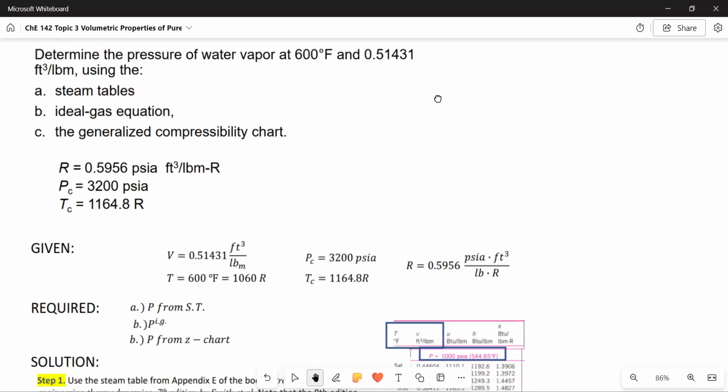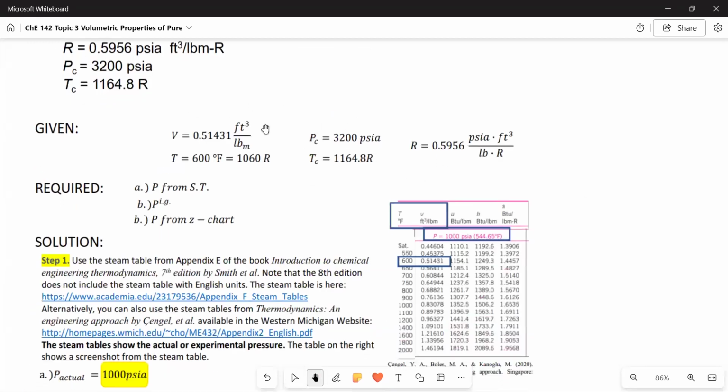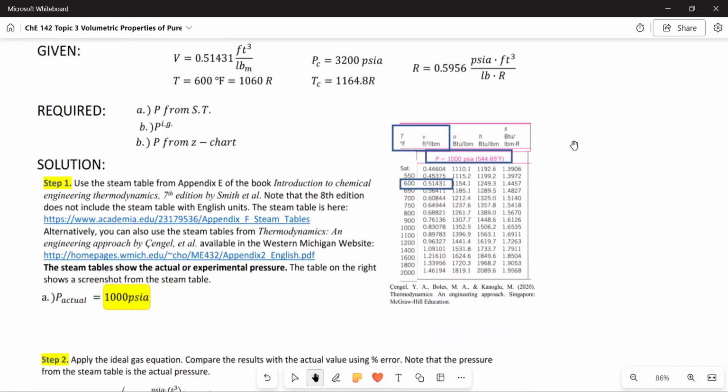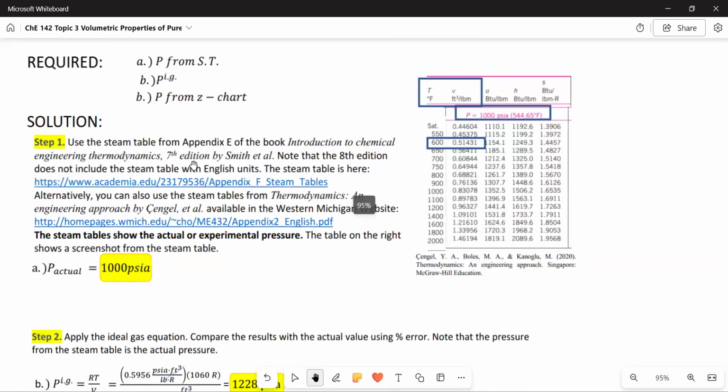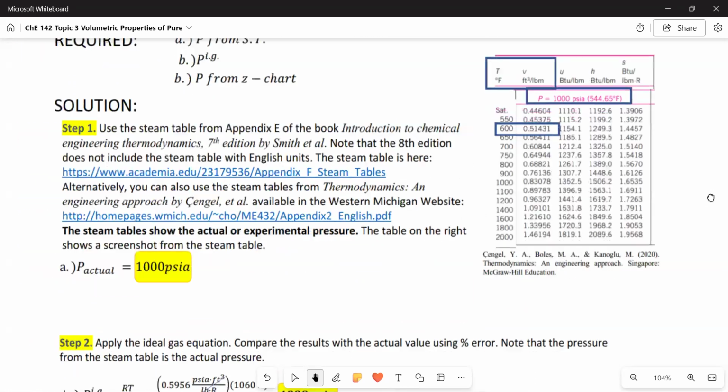So here are the given values. I wrote them and they're required. For step 1, we use the steam table. You can use the Smith and Van Ness. We have the British version of the steam table, but the screenshot I used here is from another book.